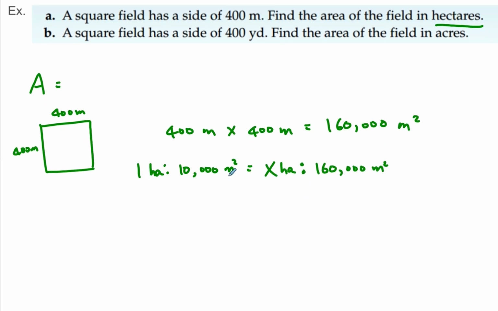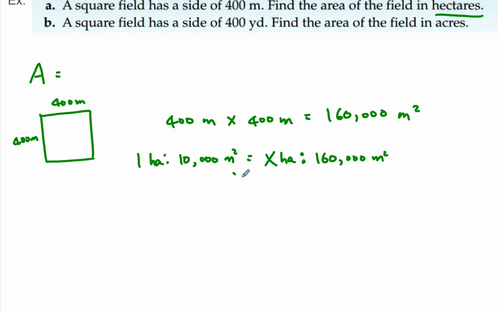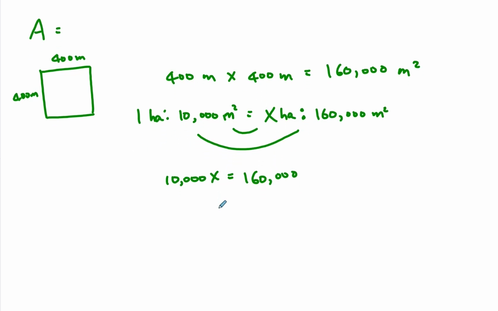Hectare first and then square meter unit. Then you can do inner and outer by cancelling all the units out. X times 10,000, so 10,000x is equal to 1 times 160,000. It's always good to just keep the units there and then cancel them out to make sure you set up the proportion equation correctly.